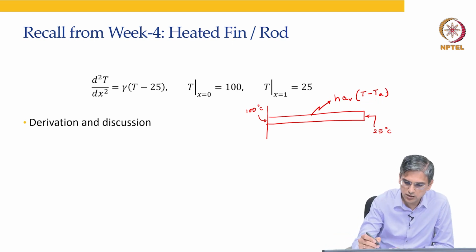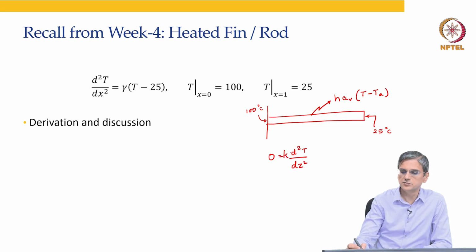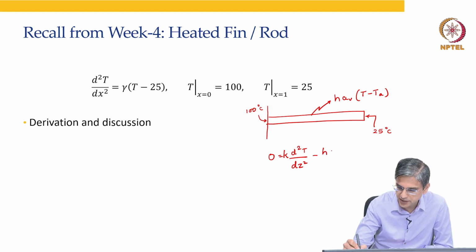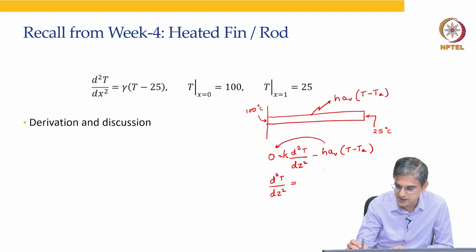The overall model for a system like this is given by d square T by dz square, multiplied by the thermal conductivity, minus H multiplied by area per unit volume, times T minus Ta. We can rearrange this in the form d square T by dz square: take this to the other side and divide by k, and we get this equal to gamma multiplied by T minus Ta.